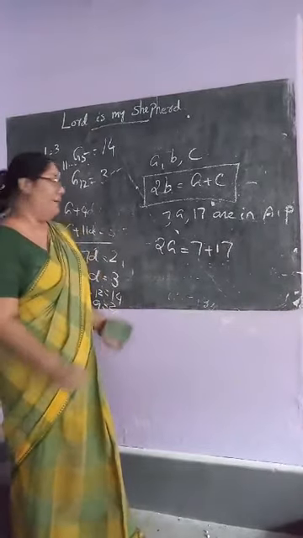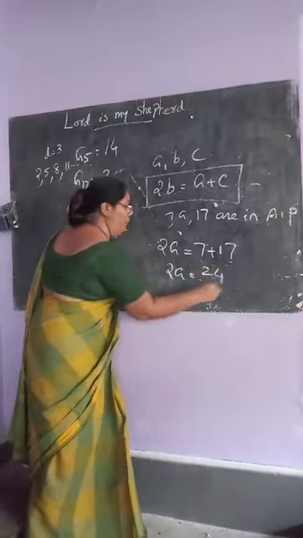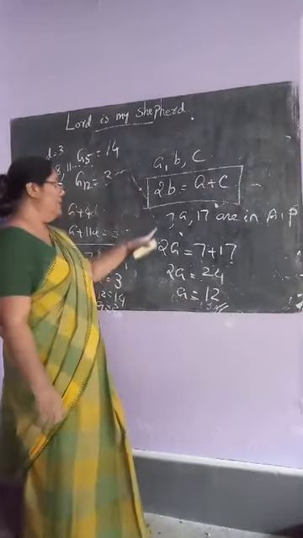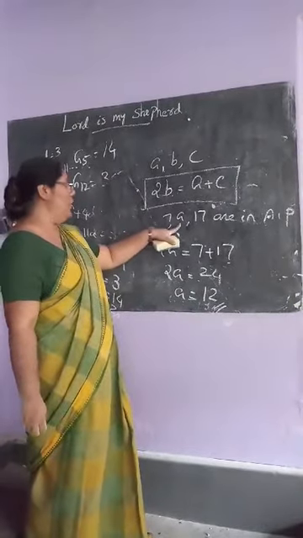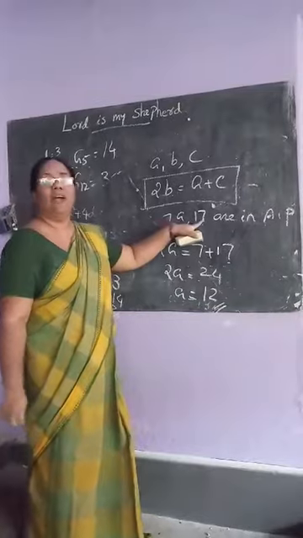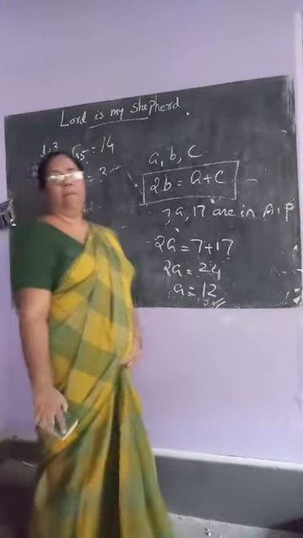What is 7 plus 17? 24. 2A is equal to 24. A is equal to 12. 7 plus 5 is 12, 12 plus 5 is 17. This is the way to find the unknown number.